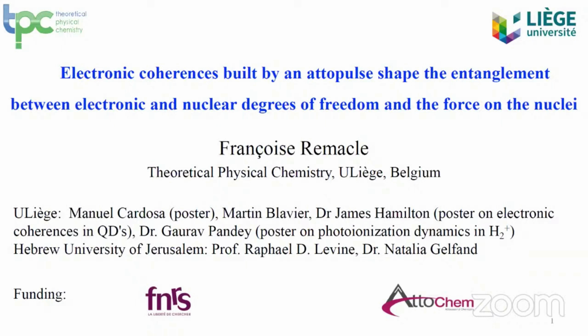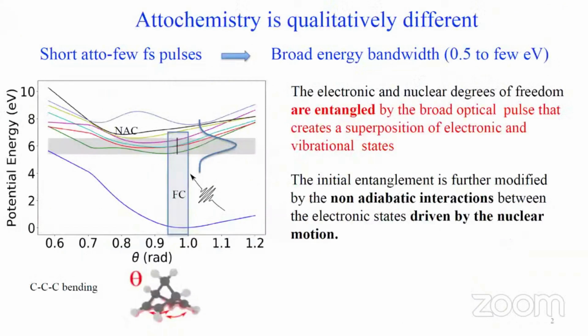I had prepared all kinds of advertisement for the posters, but since it will be tomorrow, for the sake of time, I can move on. As we already heard several times, attochemistry is different from femtochemistry and what you can get with exciting molecules with longer pulses.